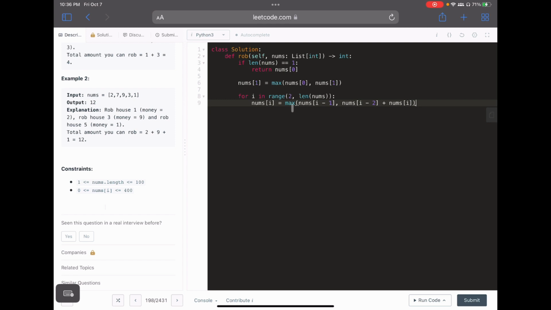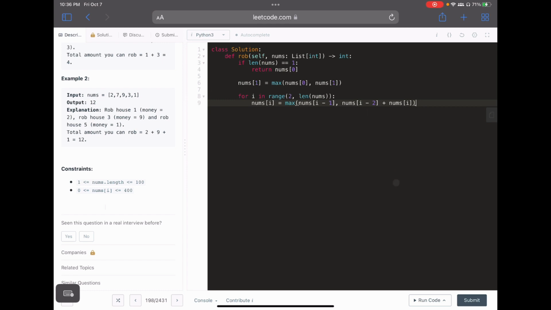Because if we were at the 9 right here, we want the maximum between either 9 plus 2, which would be 11, or we want 7, because we can only rob the first one and the third one here, or the middle one. I hope that makes sense.